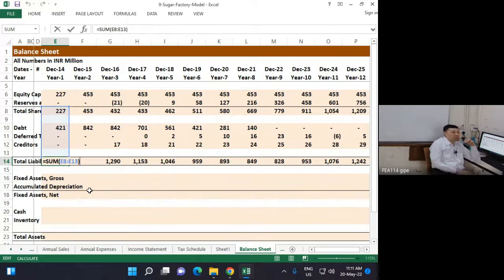So you have to add shareholders equity and the other liabilities. You have to take all of it.